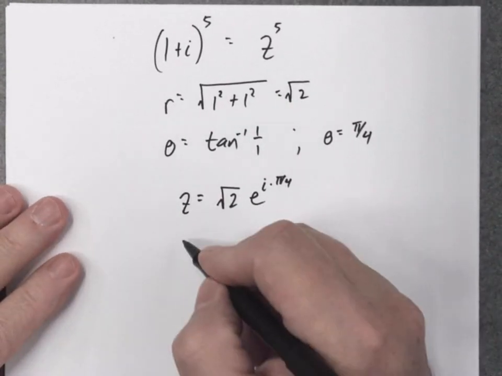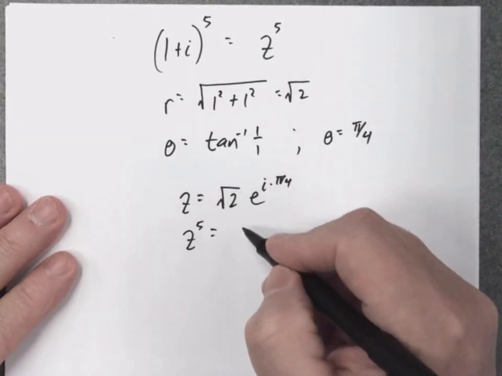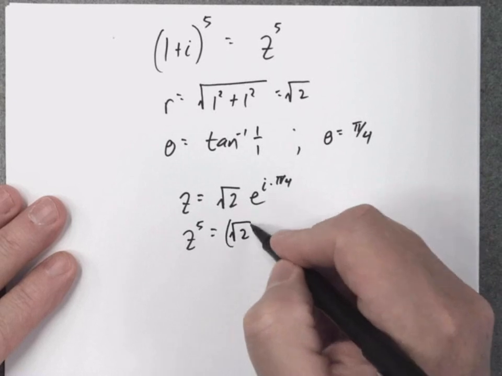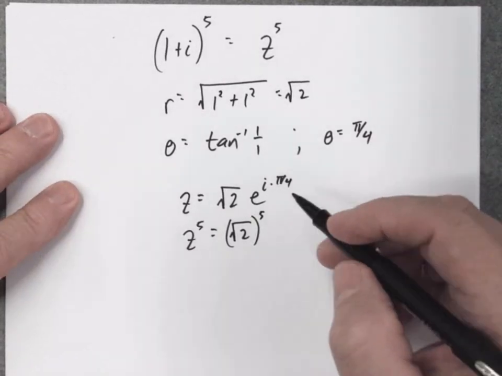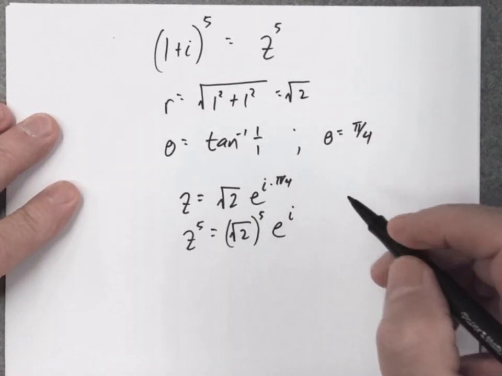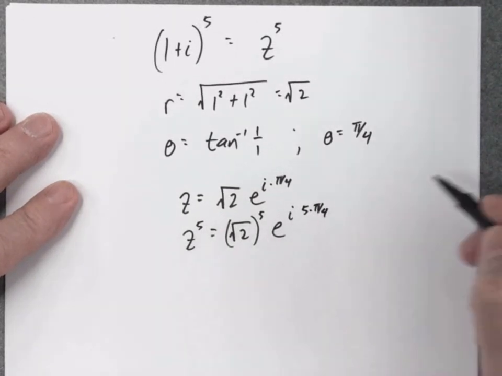So now, if I want to raise it to the fifth power, I take the r, raise it to the fifth power, and then I'm going to take e to the i, and I'm going to multiply 5 times the angle.